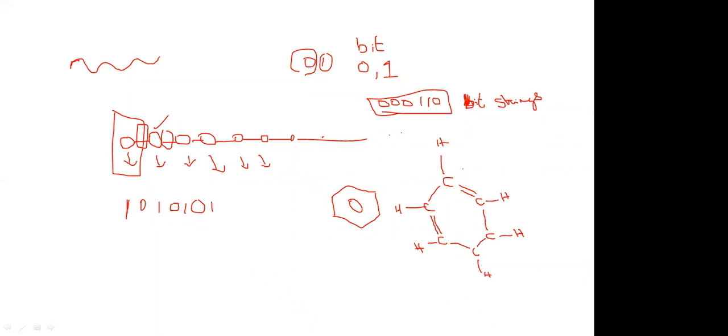While writing it three-dimensionally, how it exists, it will exist like this. This atom position will differ from that carbon, right? First carbon to sixth carbon positions will differ in X, Y, and Z axes.